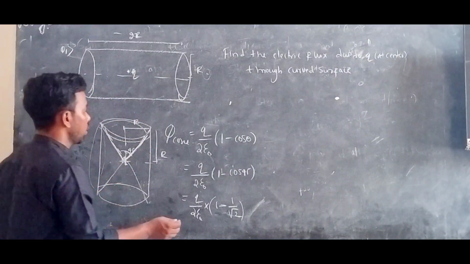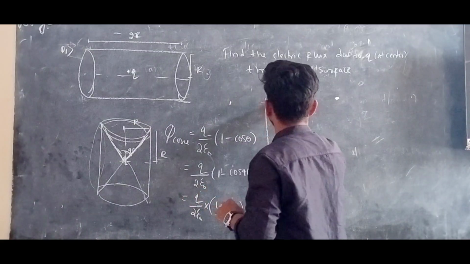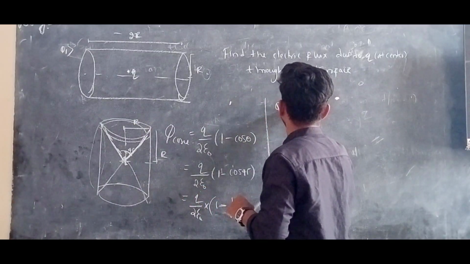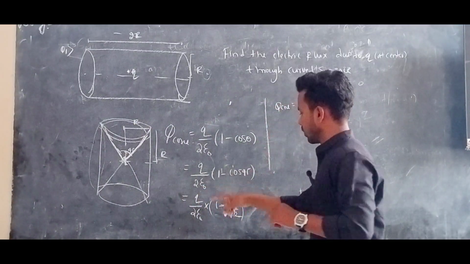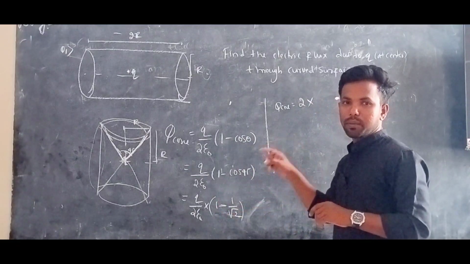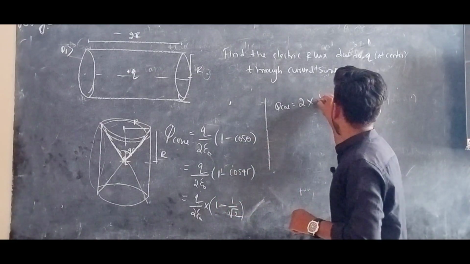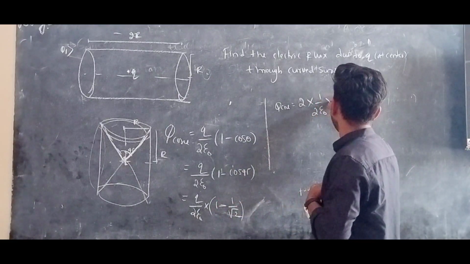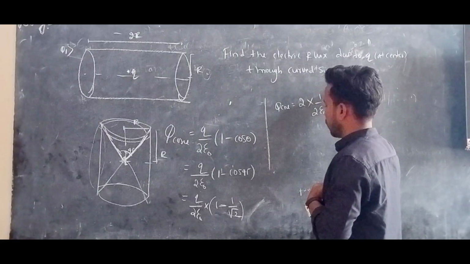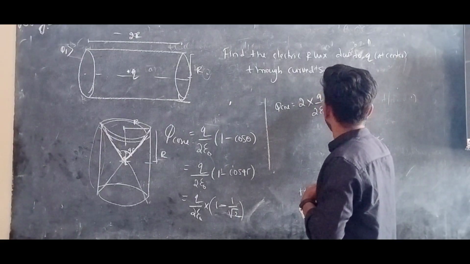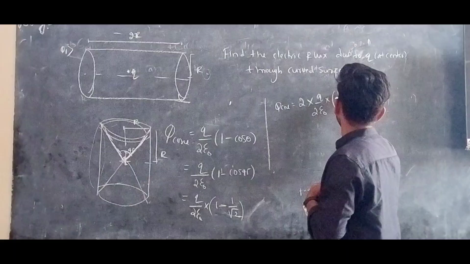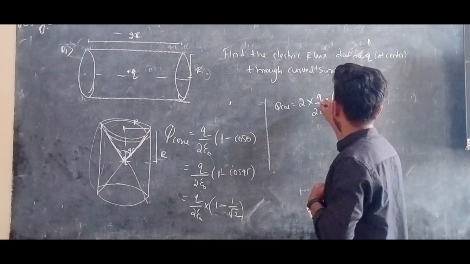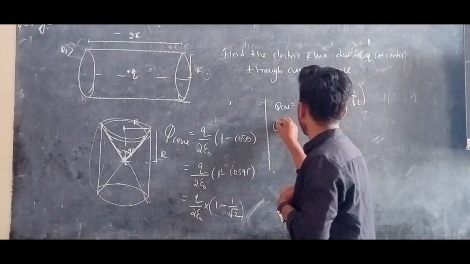So for two cones, 2 into this, which is q by epsilon naught times 1 minus 1 by root 2. The 2 cancels.